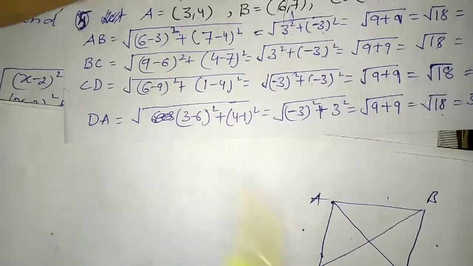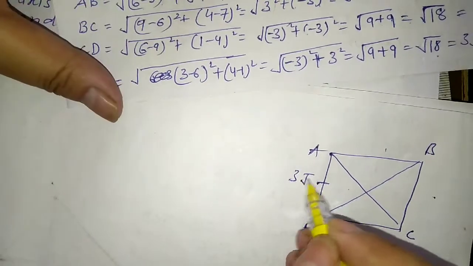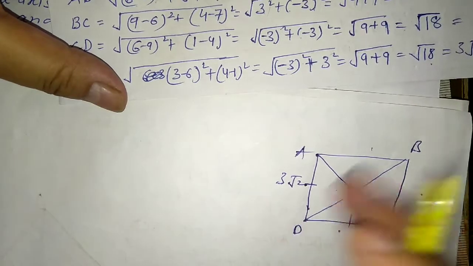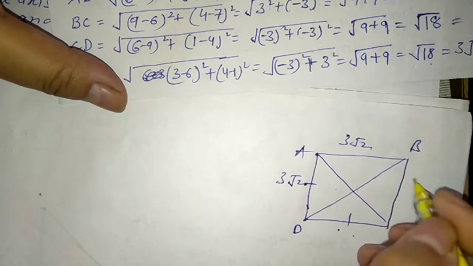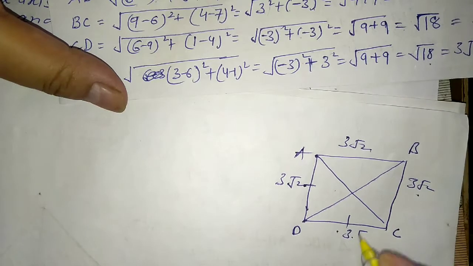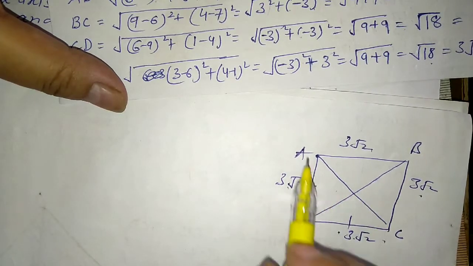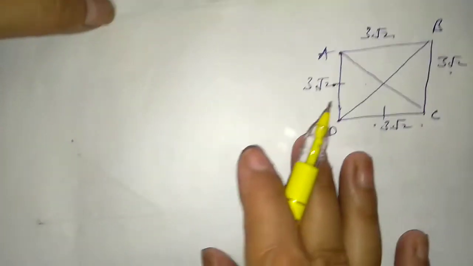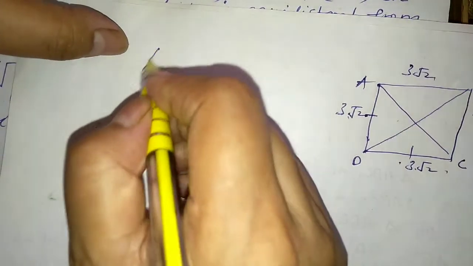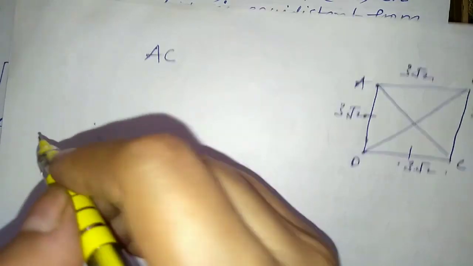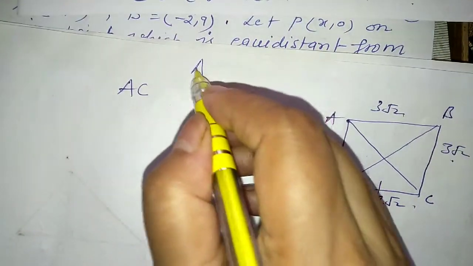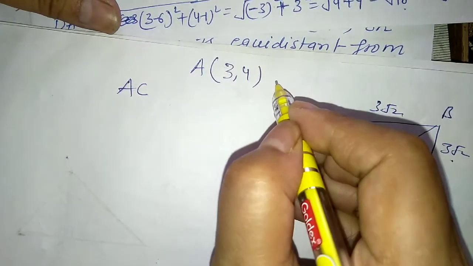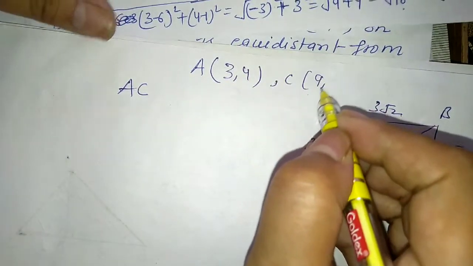So this side AB is 3 root 2, BC is 3 root 2, and the other two sides are also 3 root 2. Now along with it we have to find AC and BD also. The coordinates of A are 3, 4 and of C are 9, 4.